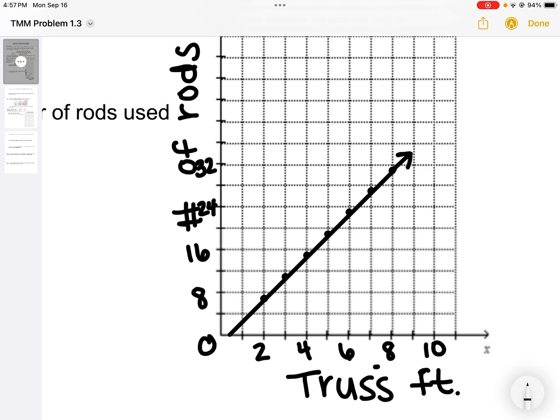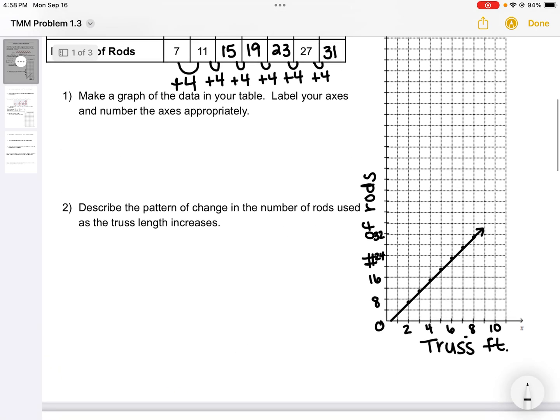Make sure that when you are making your graph, your arrow should be on the end of your line because that signals that you can continue on with this pattern. Number 2, describe the pattern of change in the number of rods used as the truss length increases.